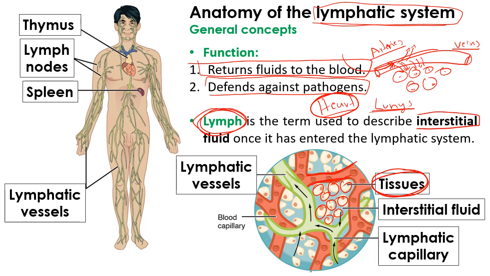So interstitial space is the space between a cell and a blood vessel. The space that is inside of the cell is called the intracellular space. Everything outside of the cell is called extracellular space.